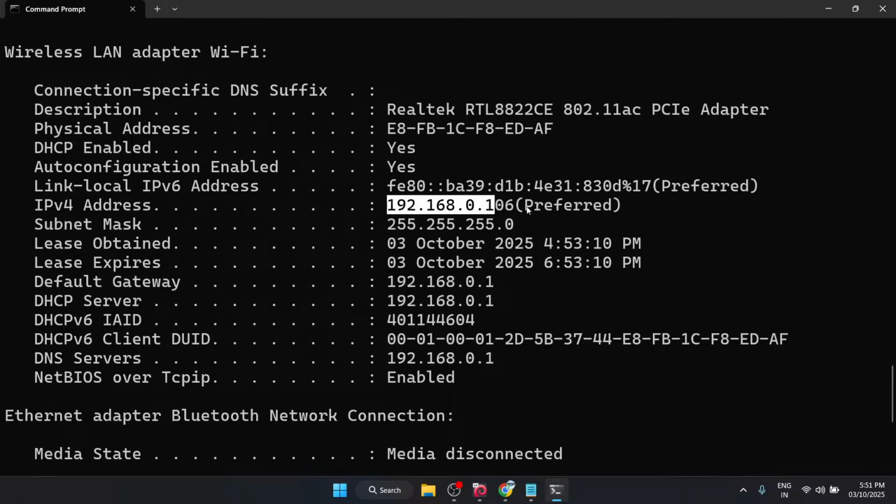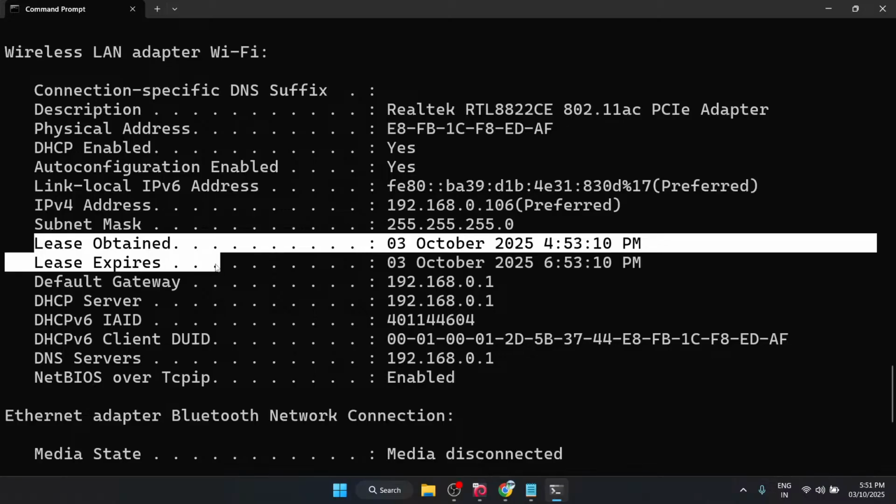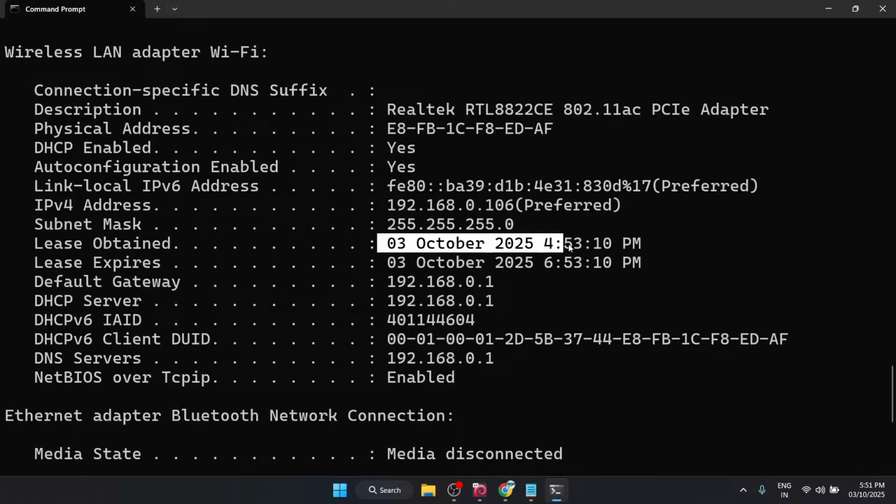Then the IPv4 address, then the subnet mask here we can see, and here is one thing, that is your lease obtained, lease expires. What is this thing? I opened my system and here is some time limit my router gave for the DHCP configuration. So here it gave the time of 2 hours.